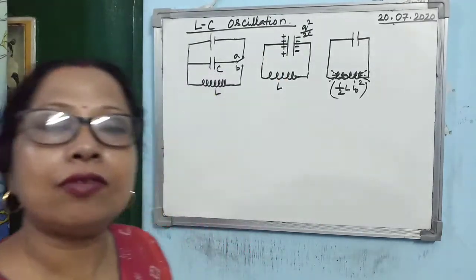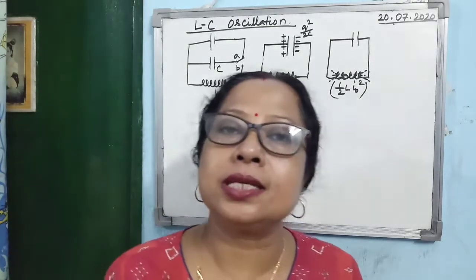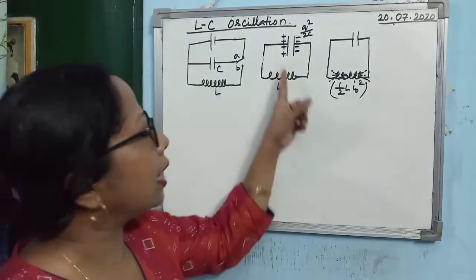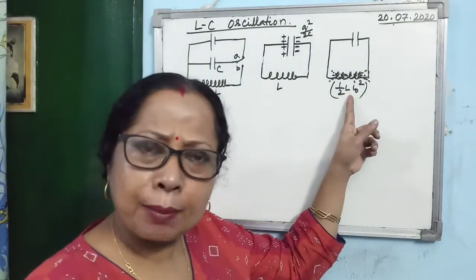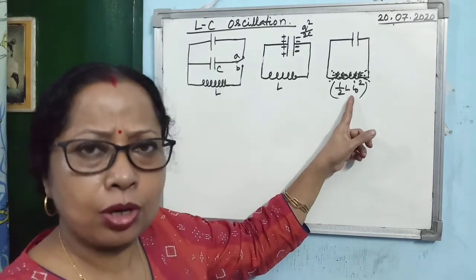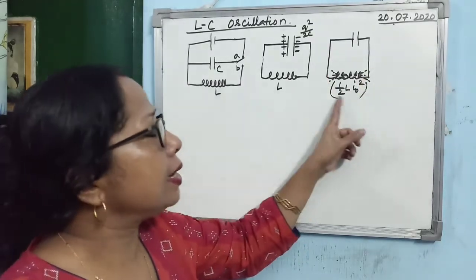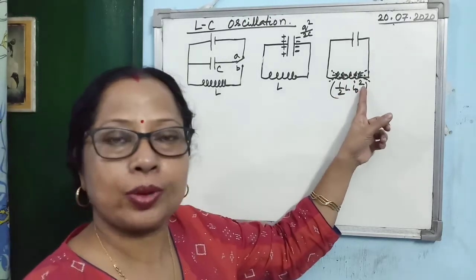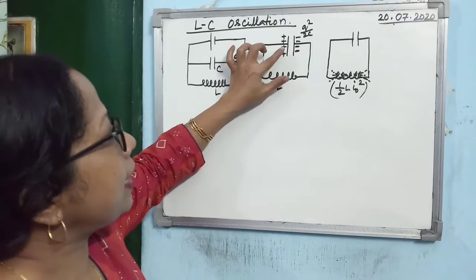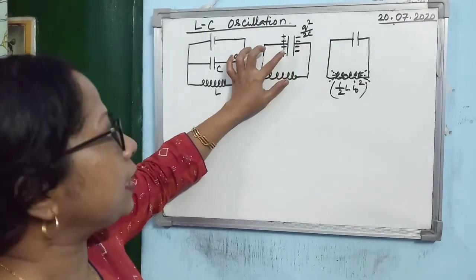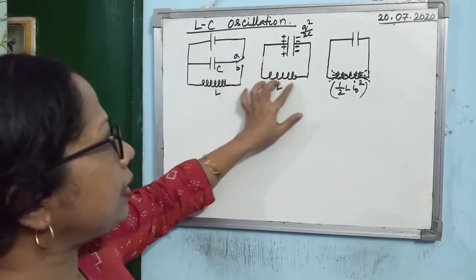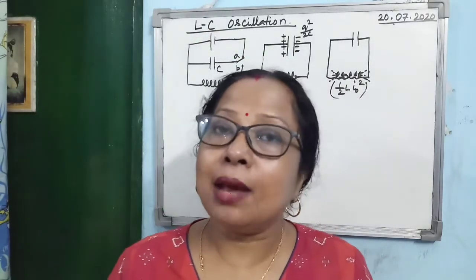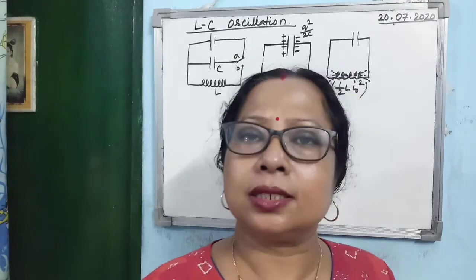You know that whenever a changing current passes through an inductor, the inductor gets energy. How much? When the current attains the maximum value I0, the energy stored in the inductor will become half L I naught square. So when the positive charge is moving from the positive plate via the inductor to the negative plate, the current is growing in the circuit, but what is happening to the capacitor?